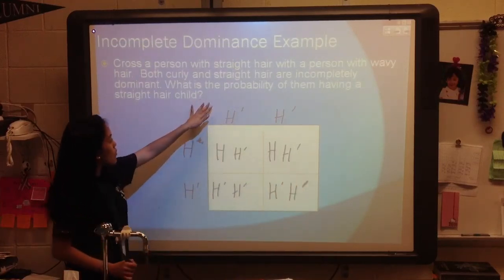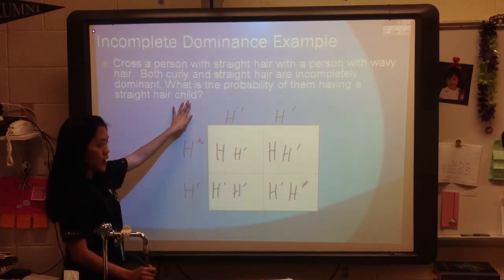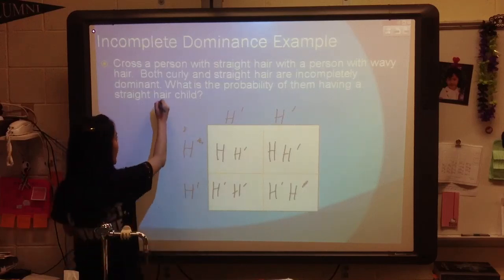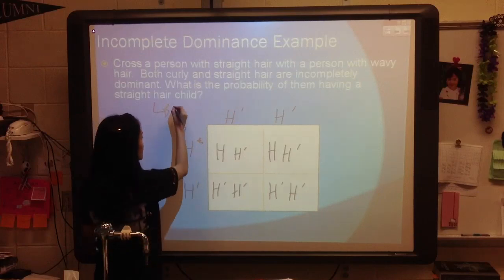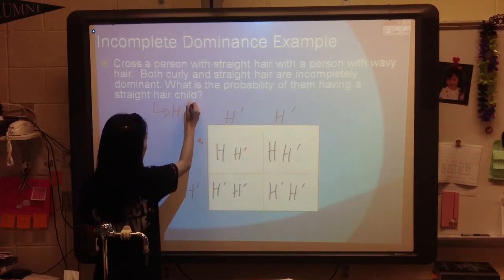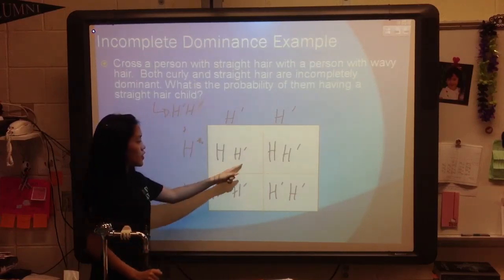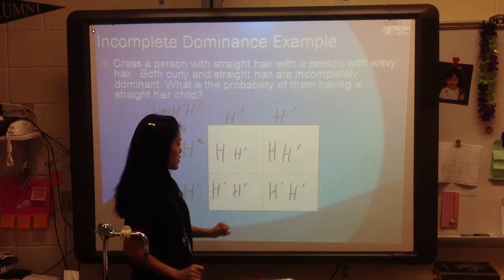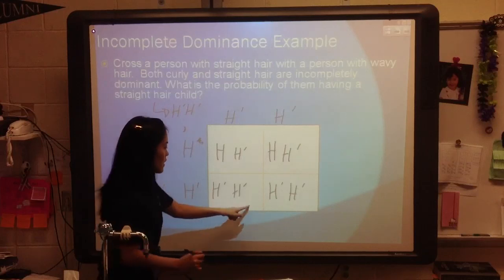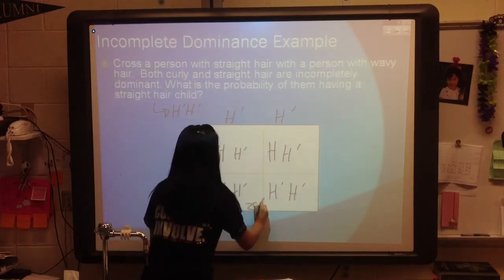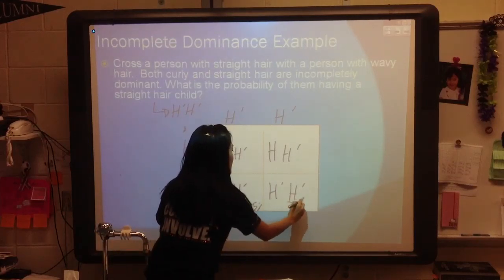So what is the probability of them having a straight-haired child? Well, what did you need to have straight hair? If this should be going in the right-hand side of your summary box, straight hair would be H prime, H prime. If each box represents 25%, where do I see H prime, H prime? Right down here. So 25% plus 25%.